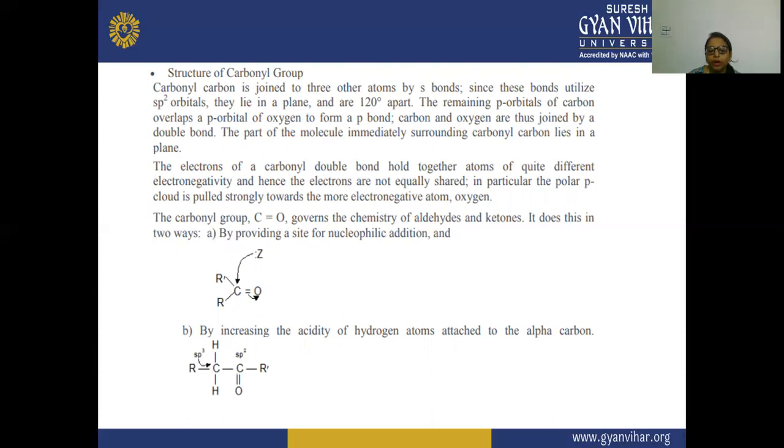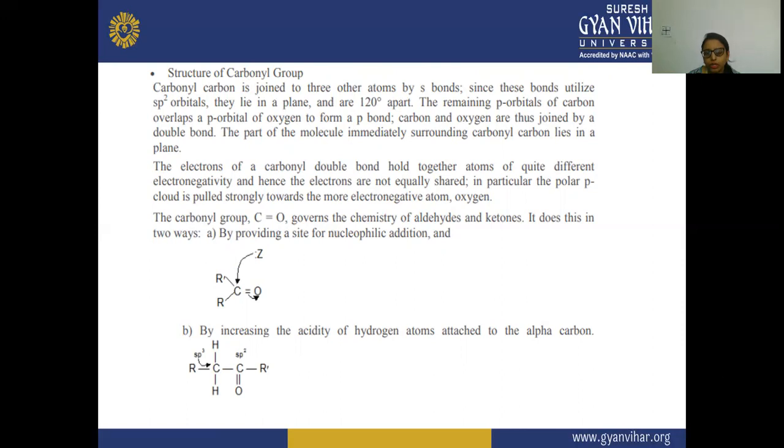The electrons of the carbonyl double bond hold together atoms of quite different electronegativity, and hence the electrons are not equally shared.